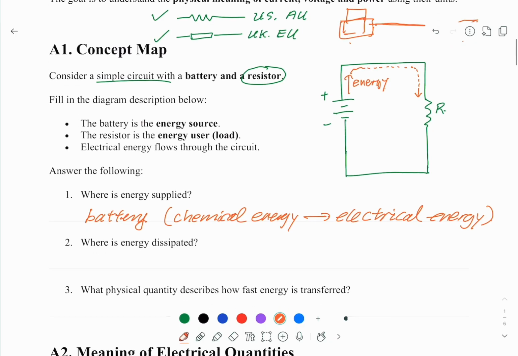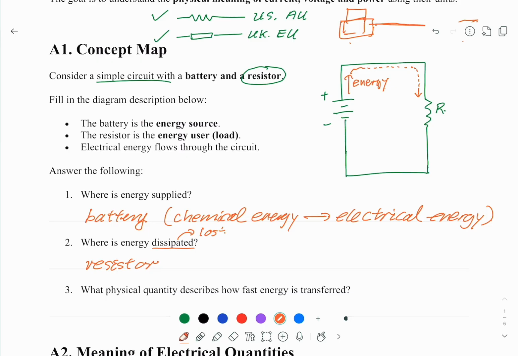Next, where is energy dissipated? In this simple circuit, the energy is dissipated in the resistor. The word dissipate means lost, but it has a very specific meaning.